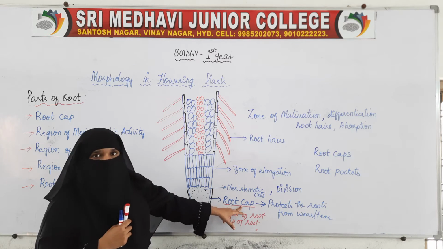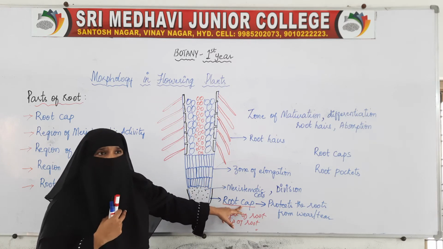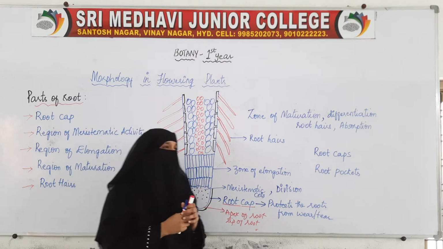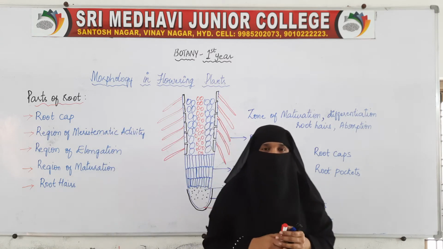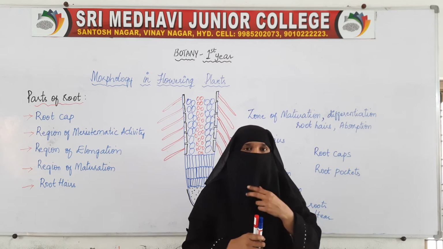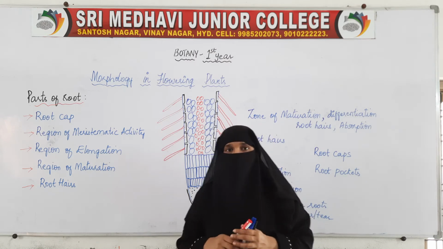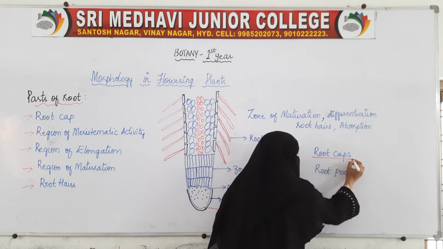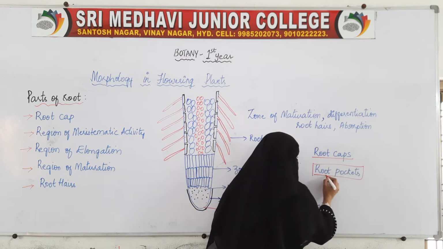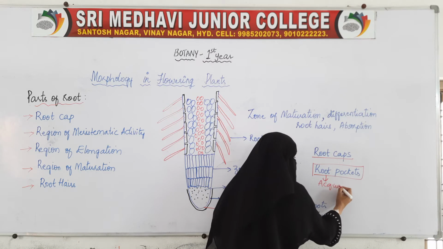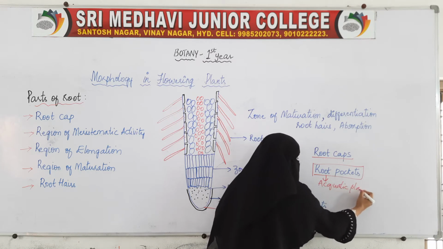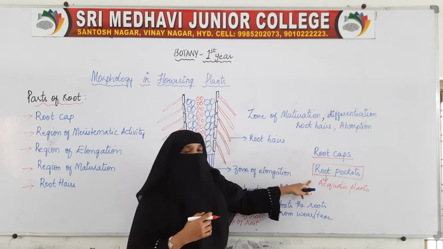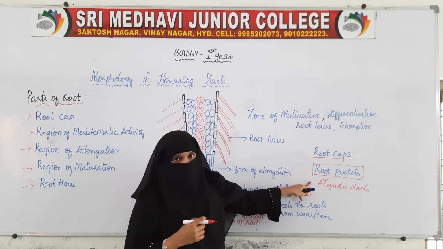So root cap. In a few plants, the plants which live in an aquatic habitat, instead of root caps, they have root pockets. In aquatic plants, instead of root caps, we find root pockets.